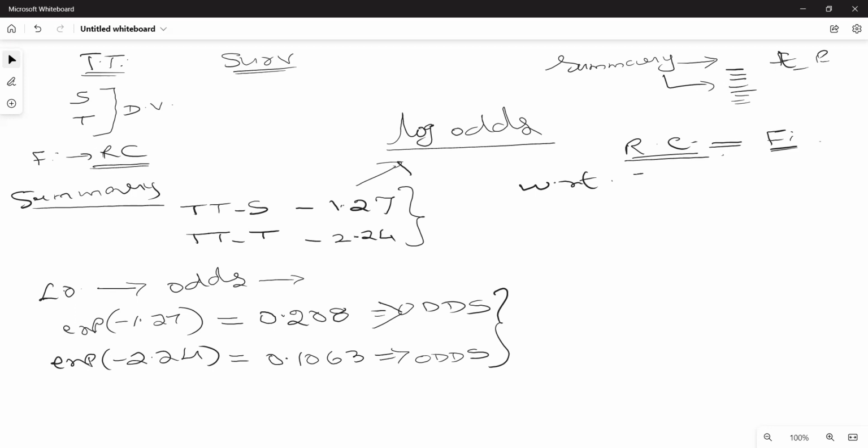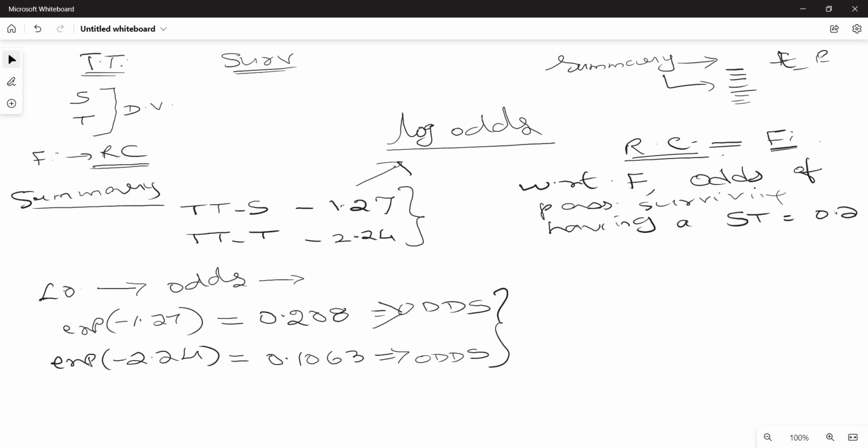With reference to the first class ticket, the odds of a passenger surviving having a second class ticket is how much? 0.208.